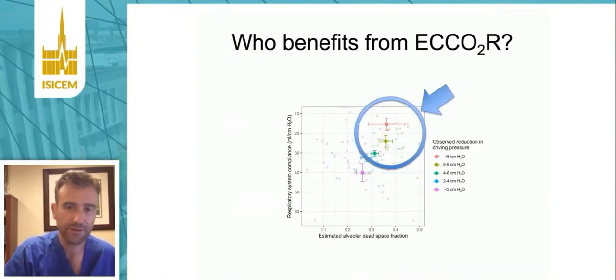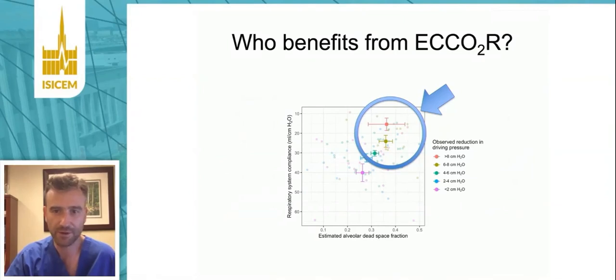If you put all these patients in Supernova on a map of their distribution of respiratory system compliance and alveolar dead space fraction estimated through an empirical technique, you can see a wide scattering of the patients. Some patients have very low dead space, some patients have very good compliance, and the patients vary widely. The patients who had the greatest reduction in driving pressure are represented here in the top right corner.